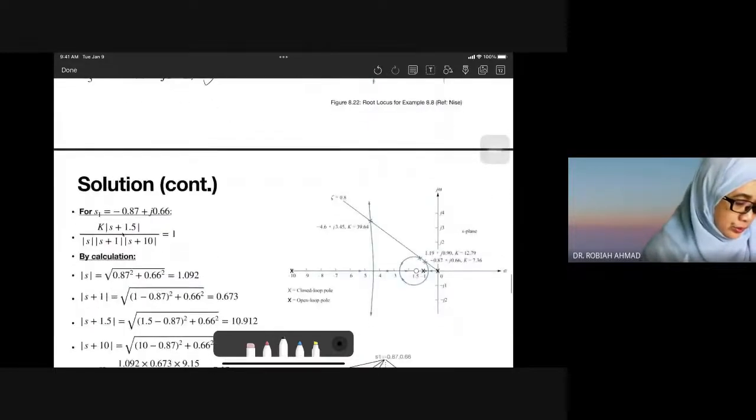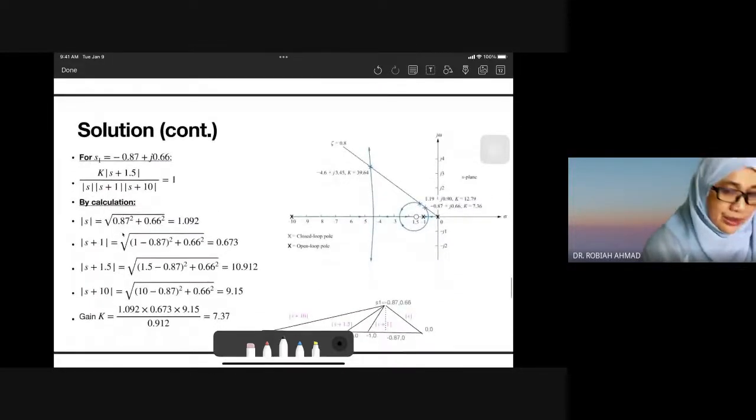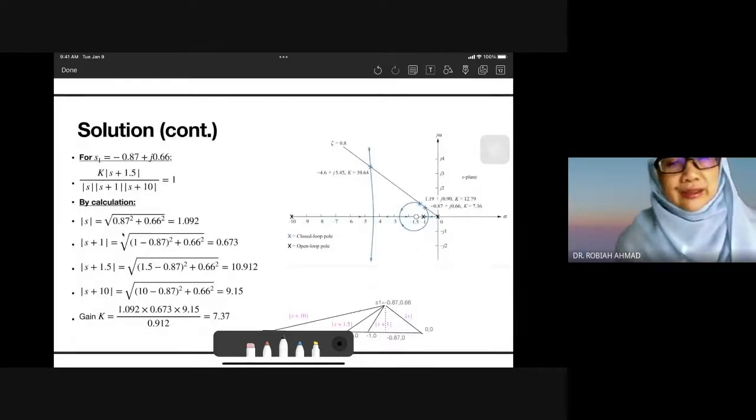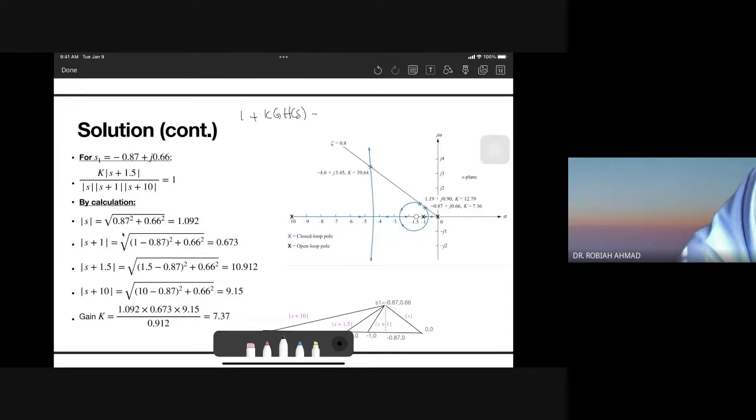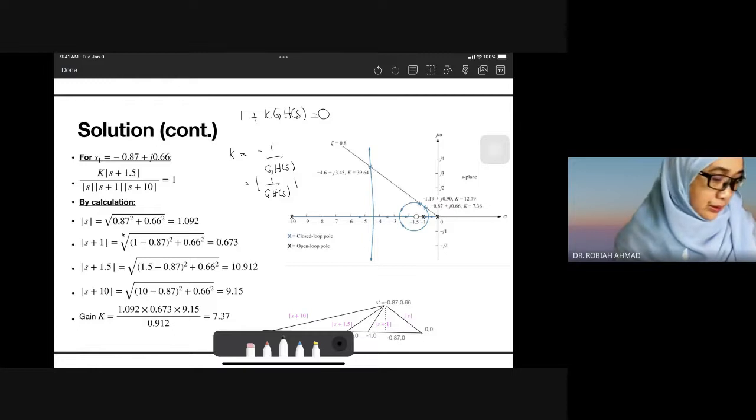So what are the values of K? Let's say we choose S1. Remember the characteristic equation: 1 plus KGH(s) equals 0. So K will be negative 1 over GH(s), and to determine the magnitude, it will be 1 over the magnitude of GH(s).